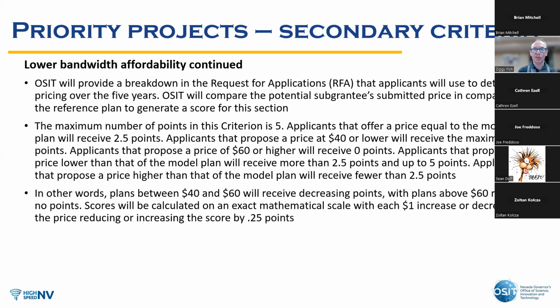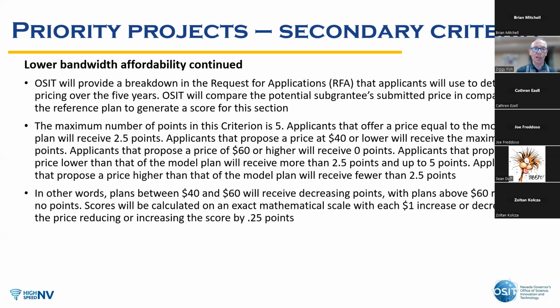And this is a formula for scoring. So if you propose a price, if you can get it down to $40 or lower, you'll receive a maximum of 5 points. If you have it at 50, that's the midpoint, and you'll receive 2.5 points.